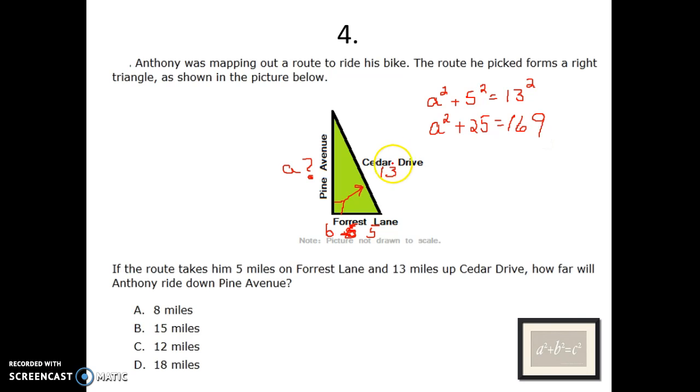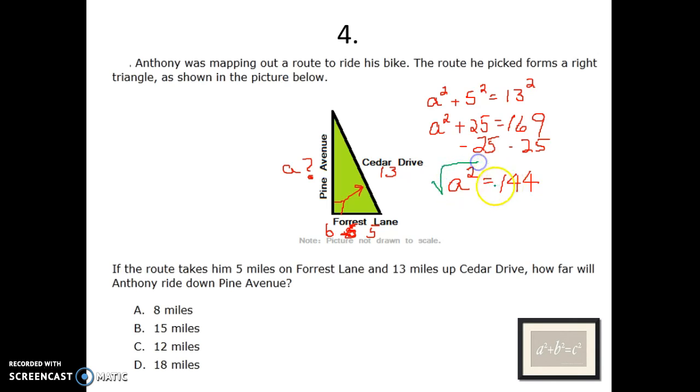Now, anytime you have the hypotenuse value, all you're going to do is subtract the square value for the other leg from the hypotenuse, and that'll give us the square of the other side. So 169 minus 25 is 144. Then we're going to take the square root of both sides.